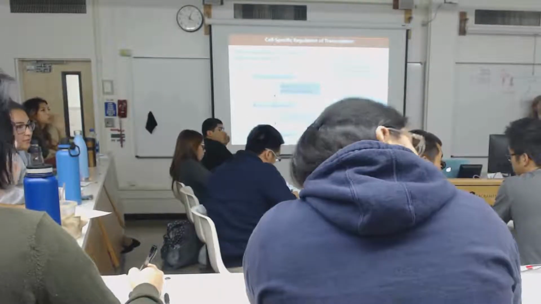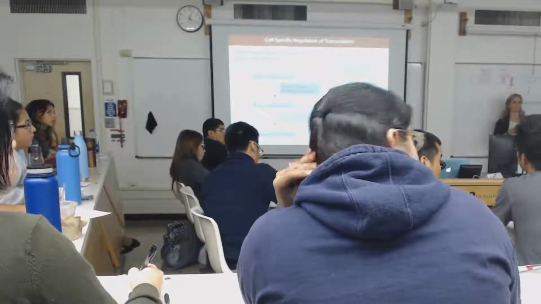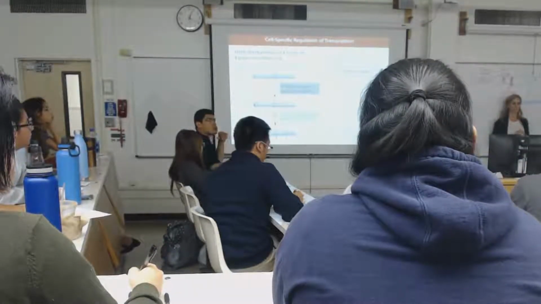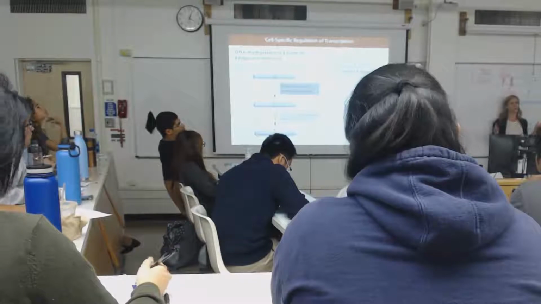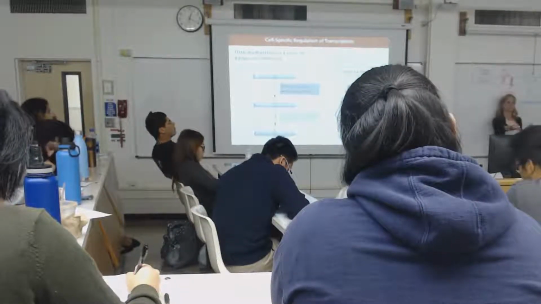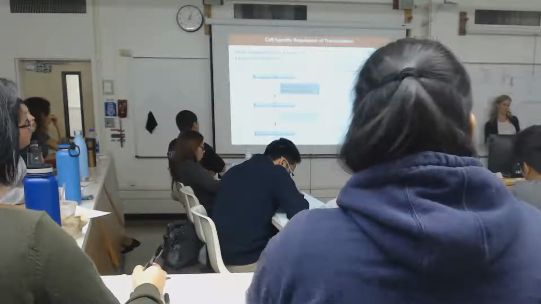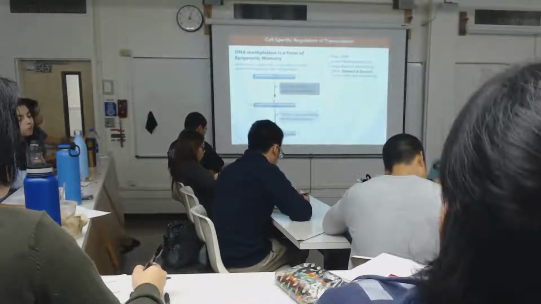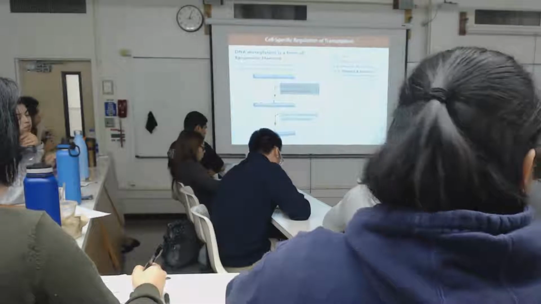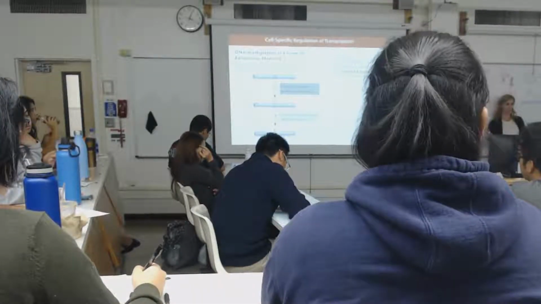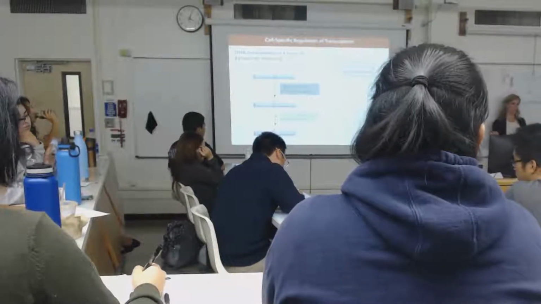Yes. What happens to a mutation in the CpG island? Yeah, it kind of depends. The most direct and simple way for me to answer you right now, without getting into the complexity of it, is that you could destroy the ability of that region to be methylated, which would mean you drive transcription.